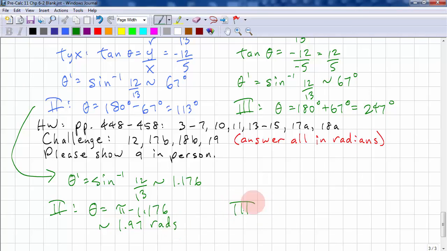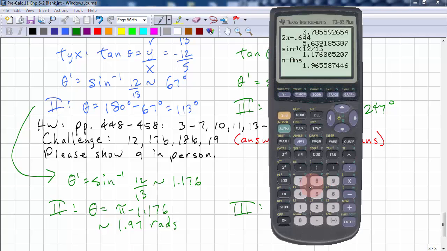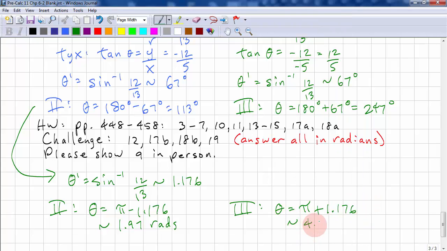And in quadrant 3, theta equals pi plus 1.176. And that's approximately 4.32. And that completes the radian lesson.